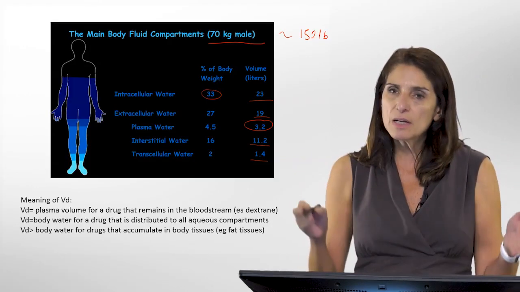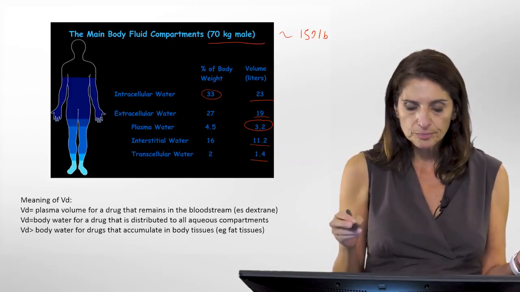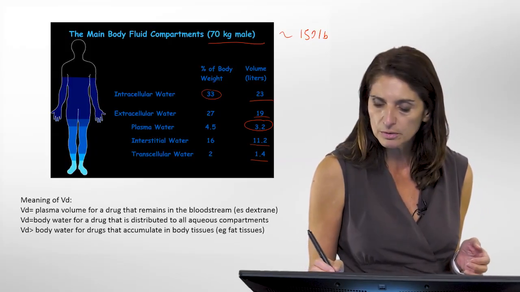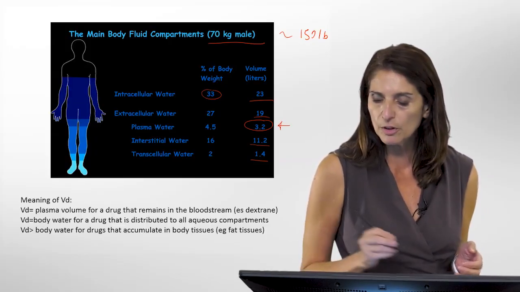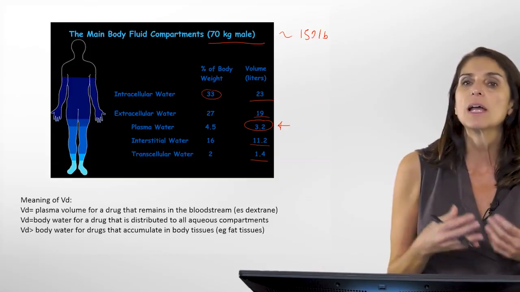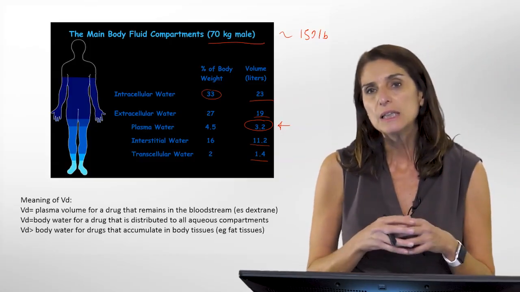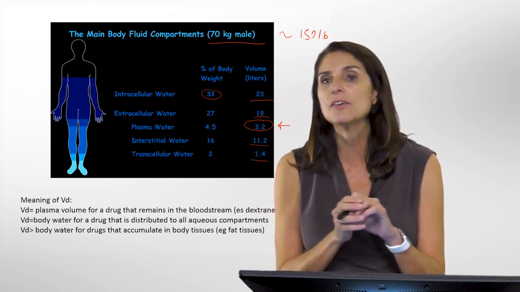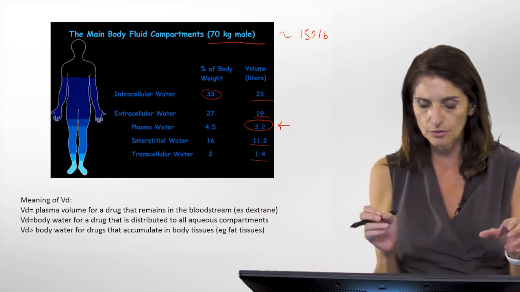So when the volume of distribution is equal to the volume of the plasma, then we will have a drug such as dextran that is only distributed in the bloodstream and is not taken up by any tissues.